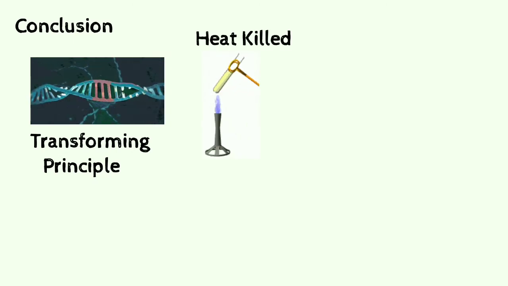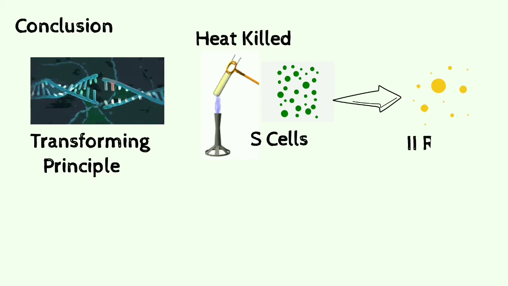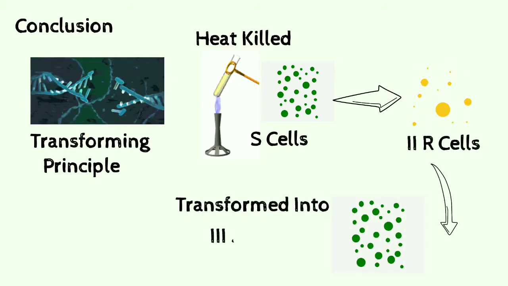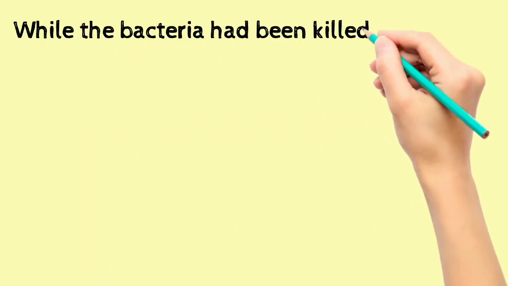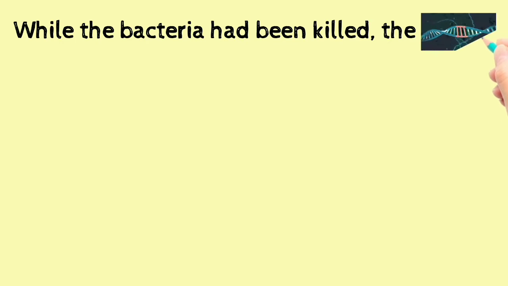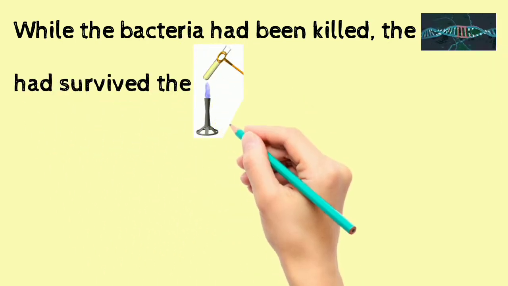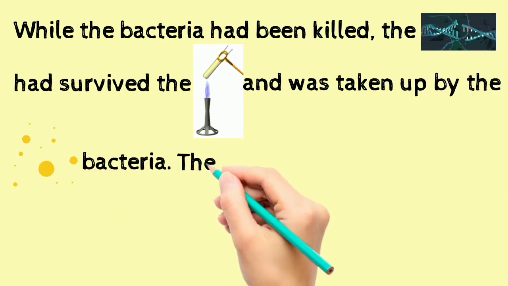Conclusion. Griffith concluded that some transforming principle was transferred from heat-killed S cells to the type 2R cells, which transformed type 2R cells into type 3S cells. While the bacteria had been killed, the DNA had survived the heating process and was taken up by the type 2R strain bacteria.